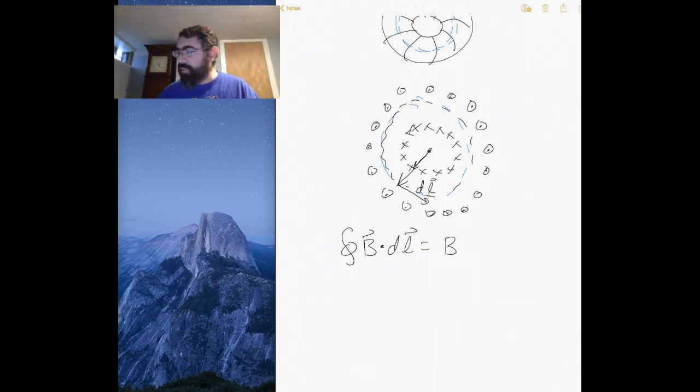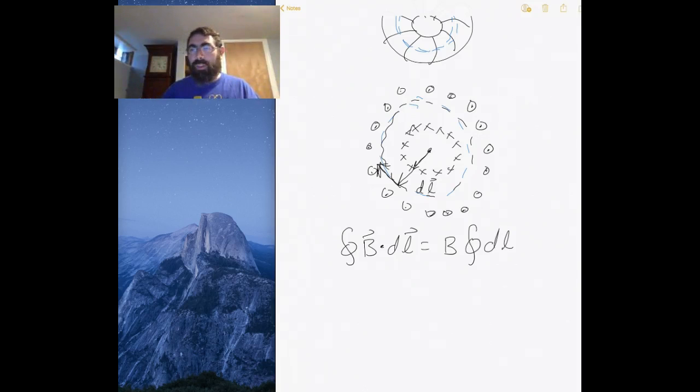Actually, I want to switch that around and make my integration be in the clockwise direction, right there. Anyway, the magnetic field's constant and in the same direction. It's tangential to this loop, just like dl. So what I'm left with is now just the path. Whoops, not that. Just dl. So I'm integrating over dl.